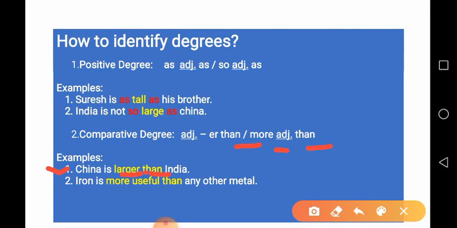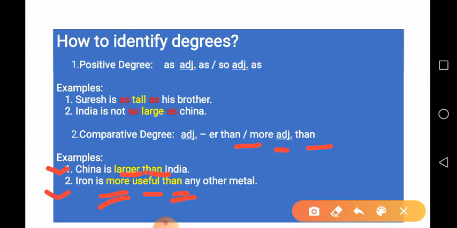This is an example of comparative degree. In the second example, iron is more useful than any other metal. So, useful, this is a comparative degree because we have used the word more, then the adjective, and then than.